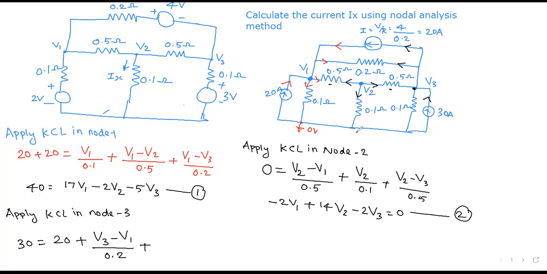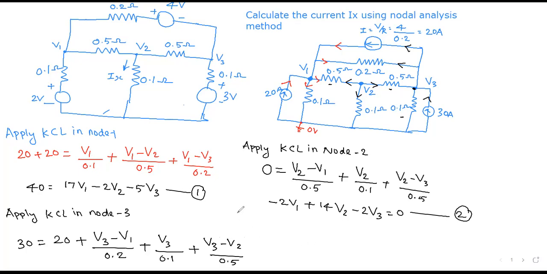Okay, over. Then similarly for this 0.1 ohm resistor, since the other end is maintained at ground potential, V3 minus 0, that we can leave. So V3 divided by 0.1 plus, for this 0.5 ohm resistor, again V3 minus V2 divided by 0.5.